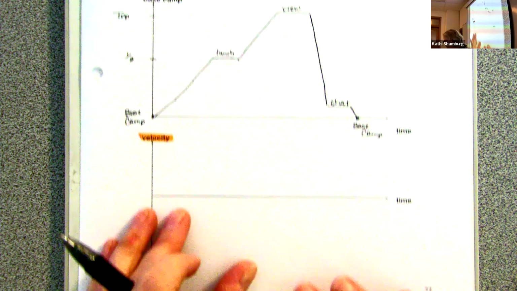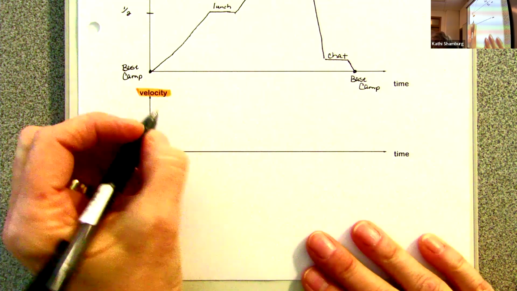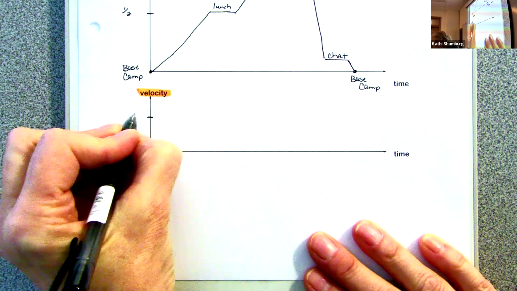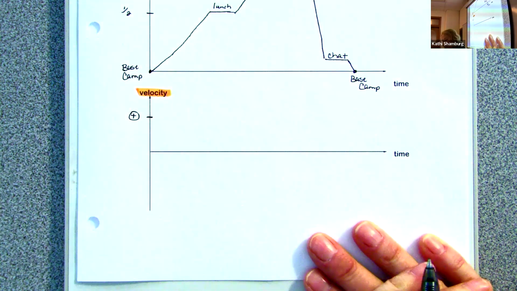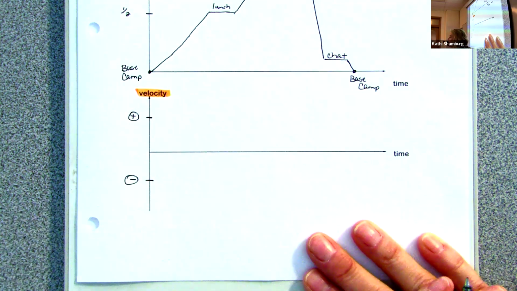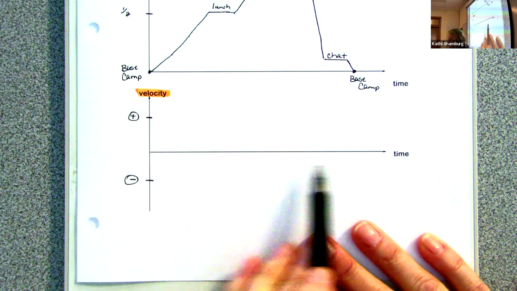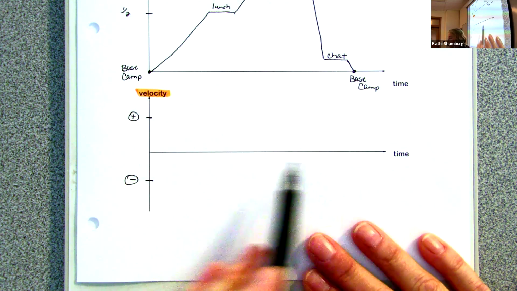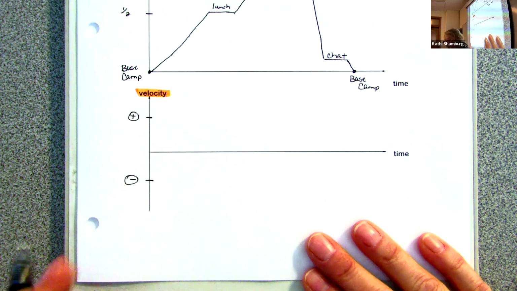So now when we're looking at our speed, here's our speed when we're going up the mountain. This would be our speed when we're going down. And then of course, the horizontal axis would be anywhere that we stop.